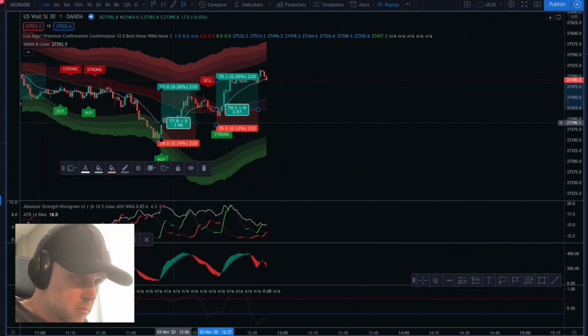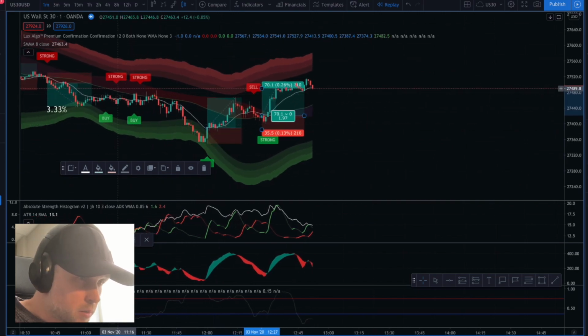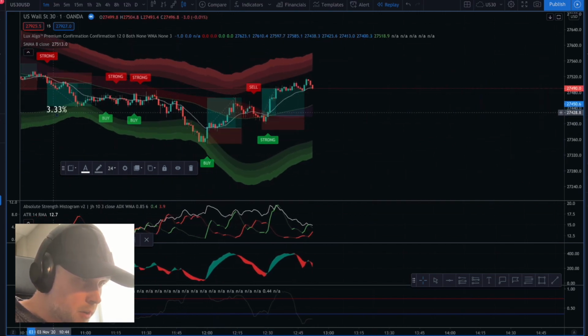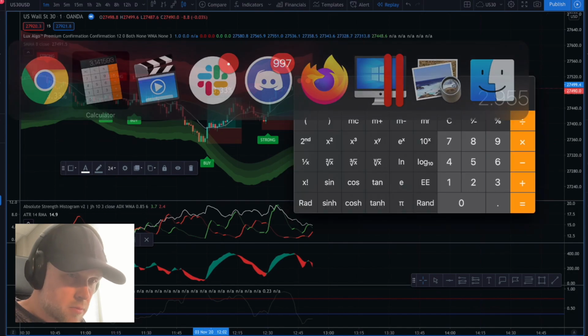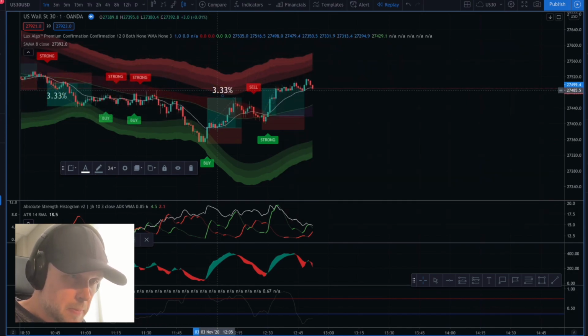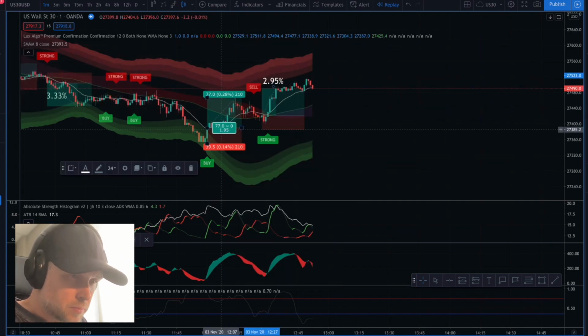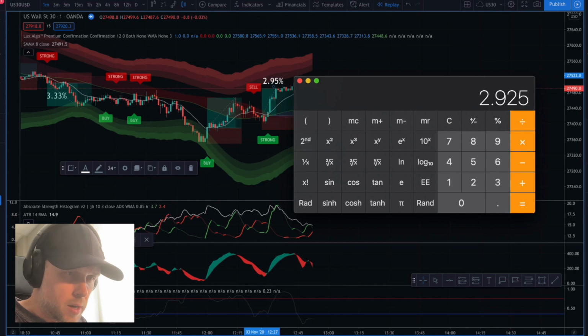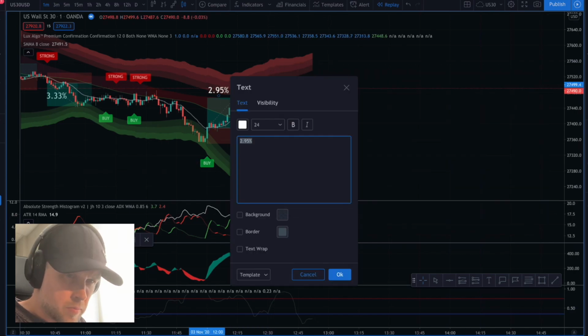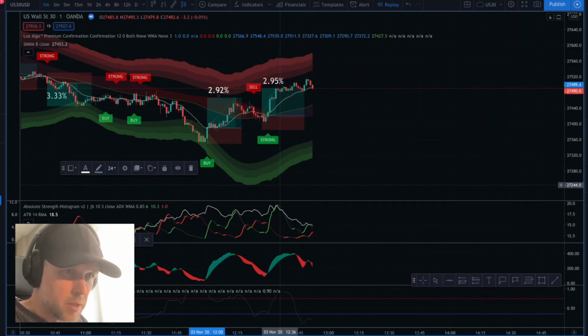Oh, I didn't grab my other one, my other profit on that one. Well, actually, let's do this one first. So this is 2.955, and that's a 2.925. All right, let's move on.